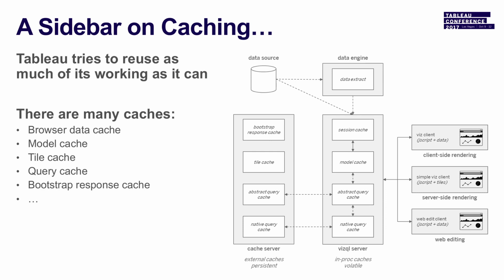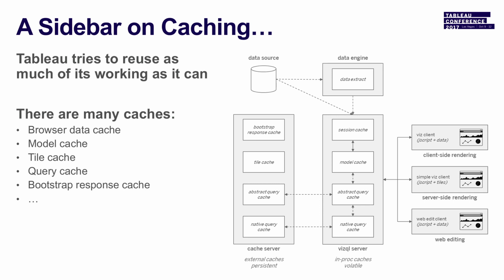So we have a native query cache, an abstract query cache. You can think of data extracts as some form of query as well. I mentioned before this thing called the bootstrap, which is the initial chunk of information that we fire down the pipe to people when they ask to view a viz. Again, that bootstrap cache is something that's going to be fixed to the window size. So if my window size is different to yours, I can't use your bootstrap in here.